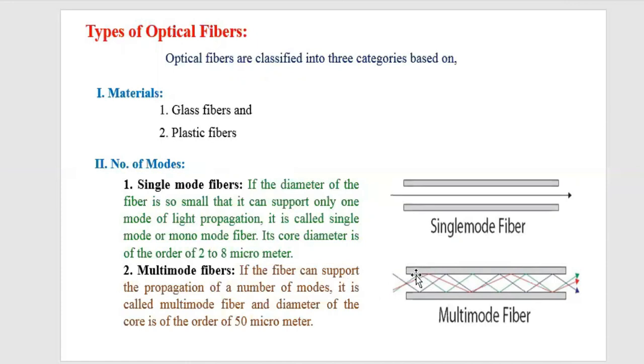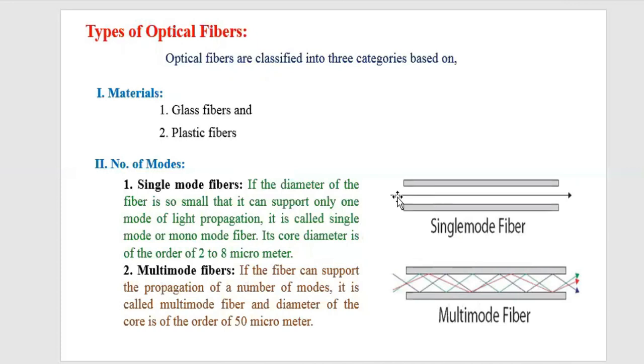Different angles of incidence will have different paths. These paths that the rays take are called modes. So basing on modes, these optical fibers are classified into two types: single mode fibers and multi-mode fibers.